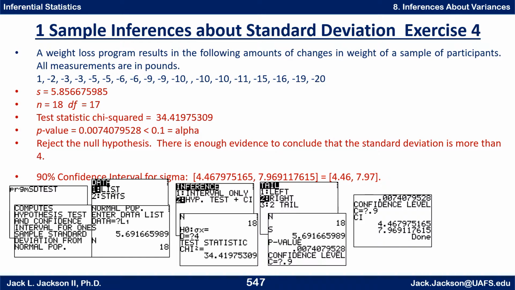It's this one right here that says data, and it's either from a list or statistics. So we're going to choose list in this case, and we tell it which list we have our data in. You can also choose the stats version if you don't have the actual data, but you know the standard deviation and the sample size, and it'll prompt you to input S and N. So anyway, in this case, it figures out S and N.